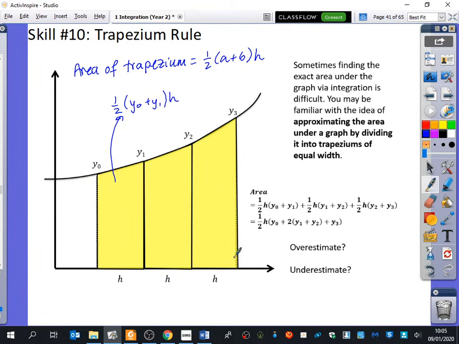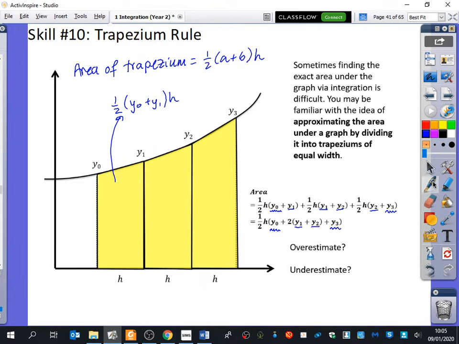So if you were to factorize all of that out, the y1 value is coming up twice, hence there being a 2 here. The y2 value is coming up twice, hence there being a 2 here. But the y0 value and the y3 value are just being left outside by themselves once because they're at either end. They only get used once during the calculations, whereas the other ones get used twice.